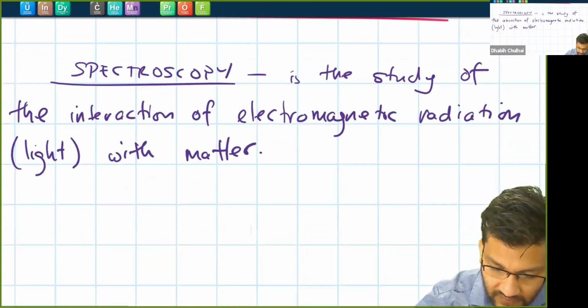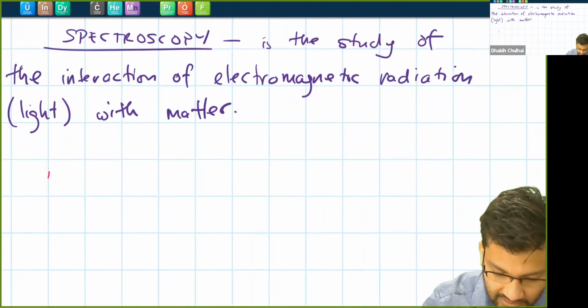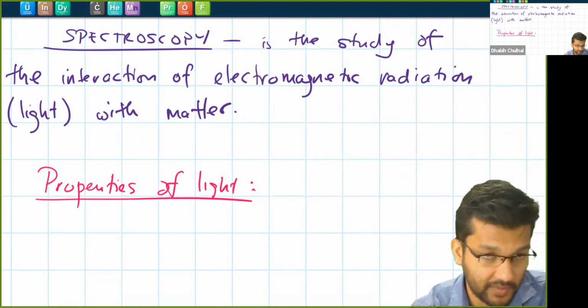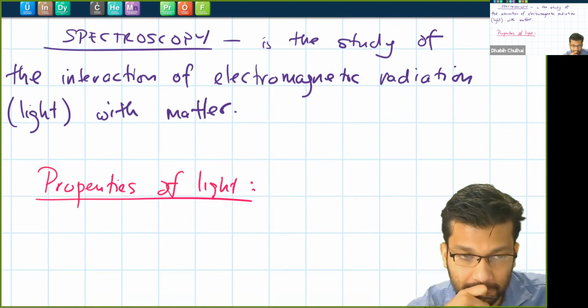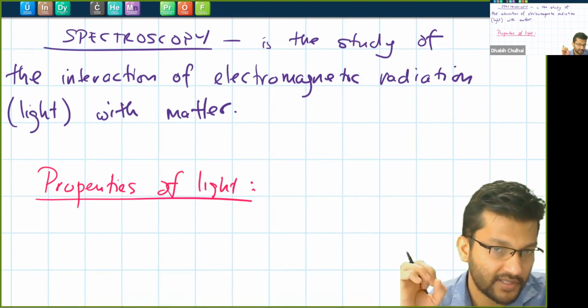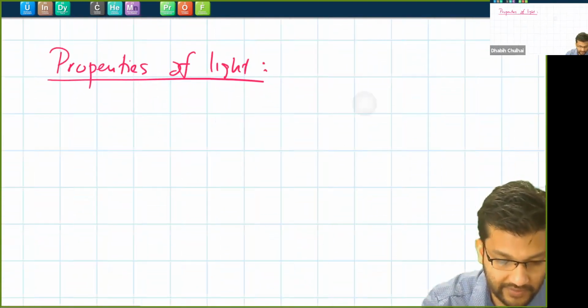So to understand how they could work together, let's look at some of the properties of light that are important for spectroscopy, right? There are many more properties of light than the ones we're going to talk about, but these are the ones that are going to be important for spectroscopy, and these are the ones that we're going to come back to every time.